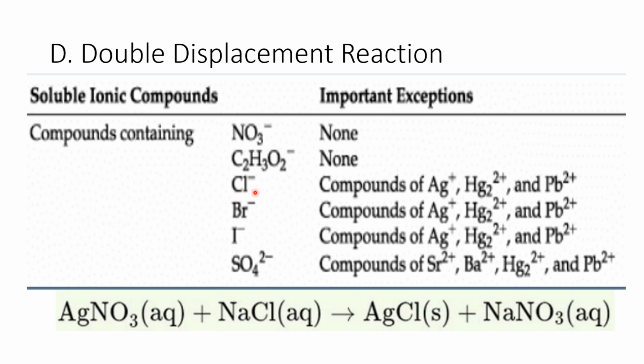Chlorides are generally soluble, pero if they are compounds of silver, exception yan. So silver chloride is the precipitate. Sodium nitrate, rather, nitrate is soluble. Kaya this one remains in solution. Kare ang precipitate.